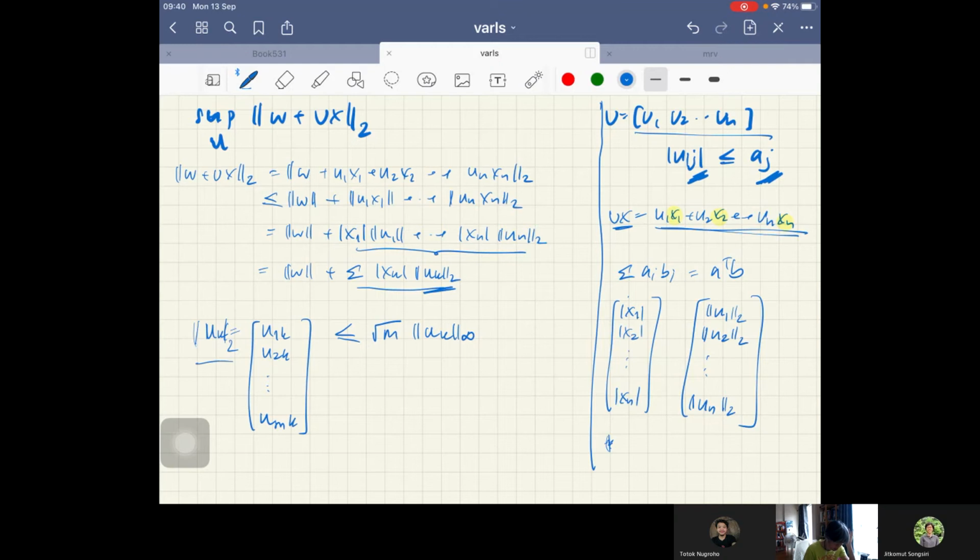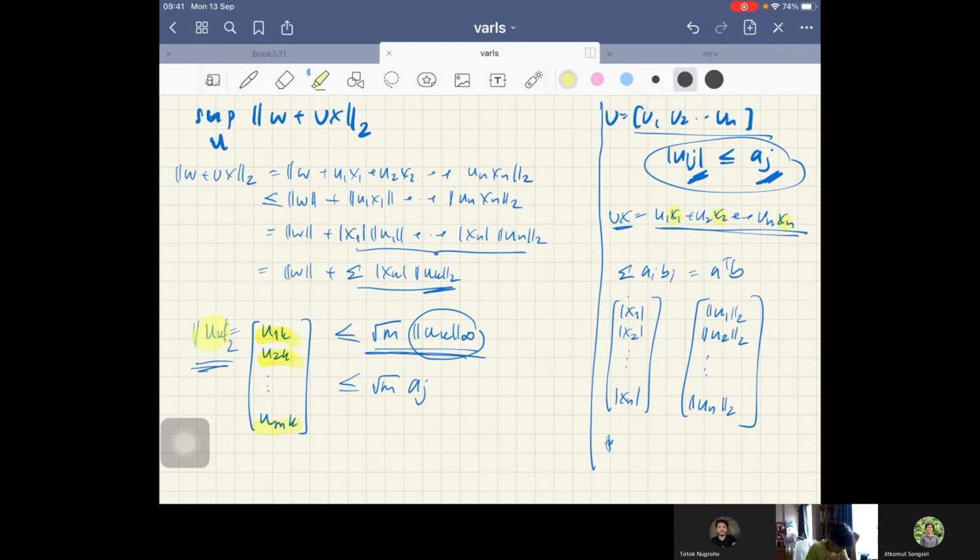So this is a relationship between the two norm and the infinity norm. But what is the infinity norm of uk? The infinity norm is to take a look at each entry and take the maximum magnitude. So that is bounded by the given information, which is given by a_j.